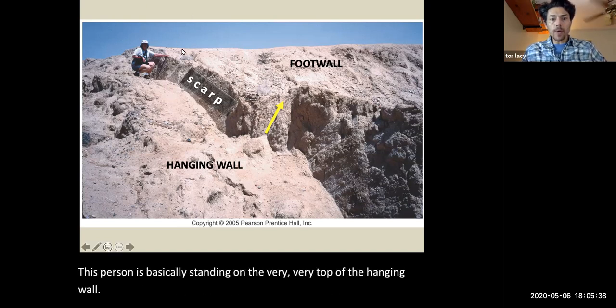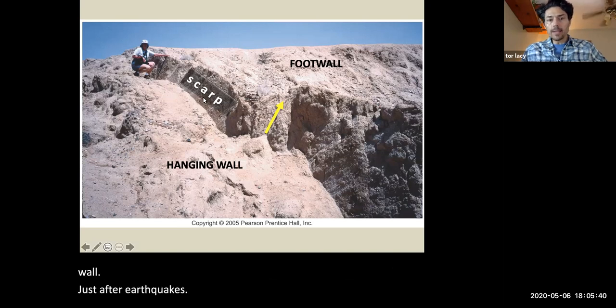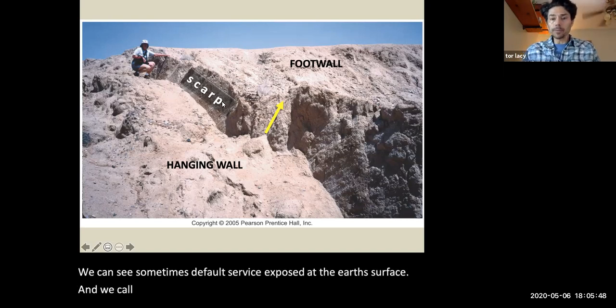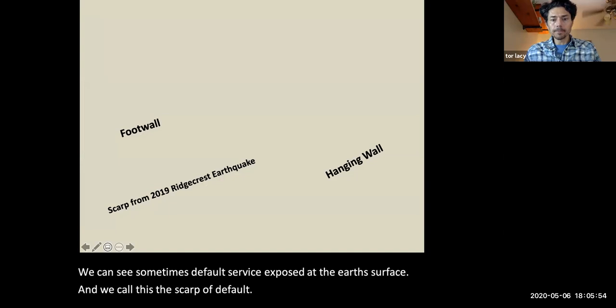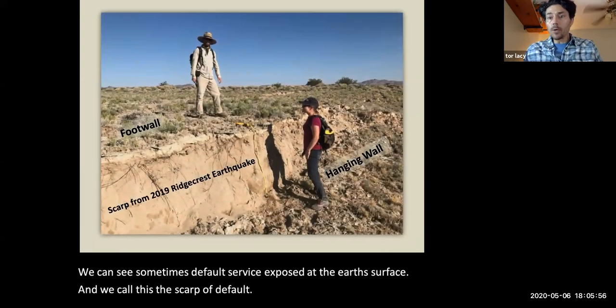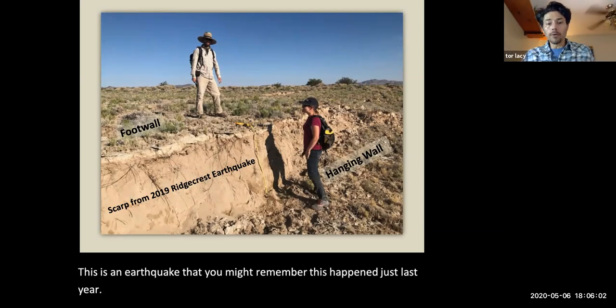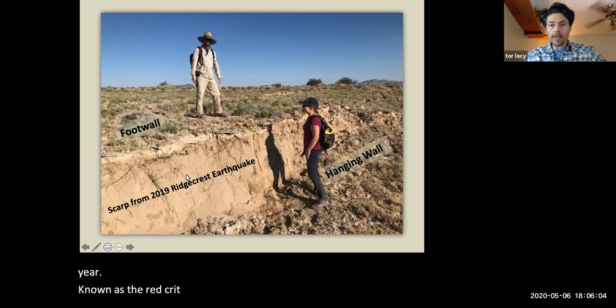Just after earthquakes, we can sometimes see the fault surface exposed at the Earth's surface, and we call this the scarp of the fault. This is an earthquake that you might remember. It happened just last year, known as the Ridge Crest earthquake.